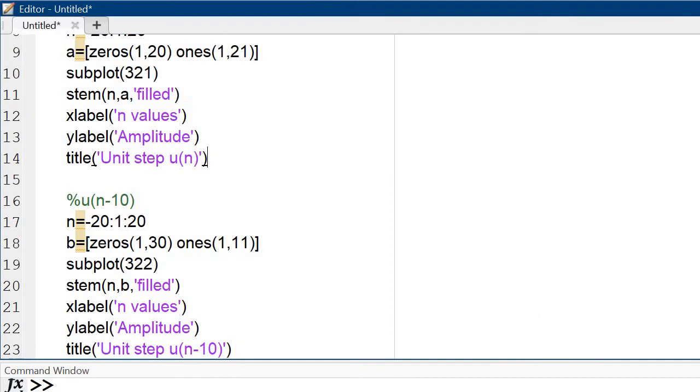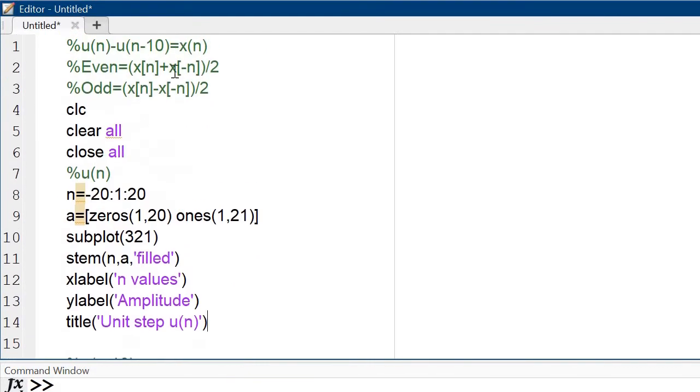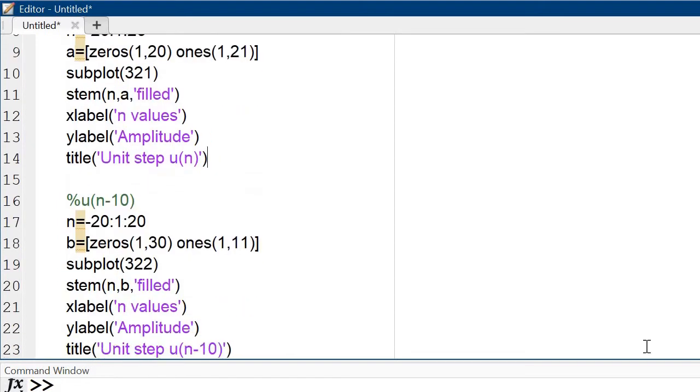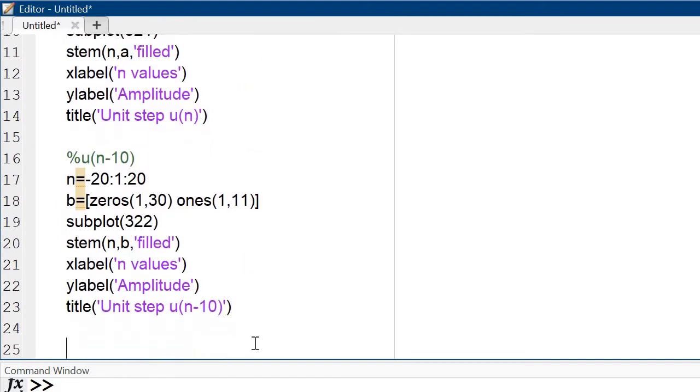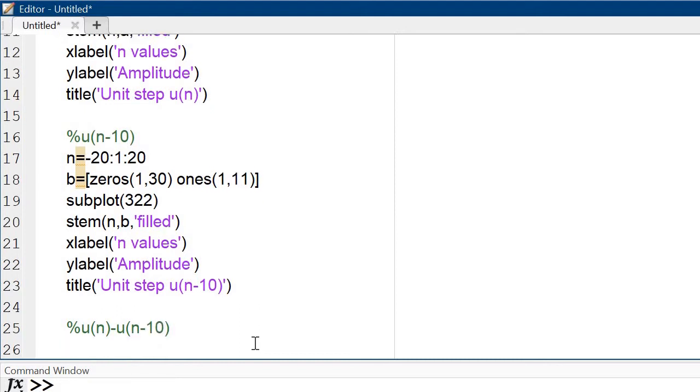Now the next part is the difference of these two. Write it. Clear? This one, this input signal. Again, in a comment, I am writing u of n minus 10. Everything is clear. Now again I am writing here minus 20 to 20.